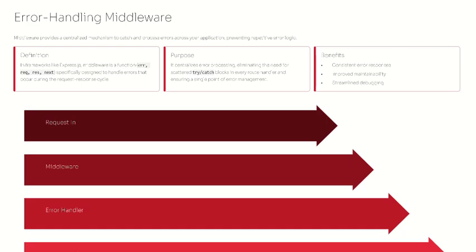Instead of writing try and catch in every single route, we can define a central error handling middleware. When something goes wrong, the error is passed into this middleware, and the middleware decides what gets logged for developers, and what status codes and messages are sent back to the users.